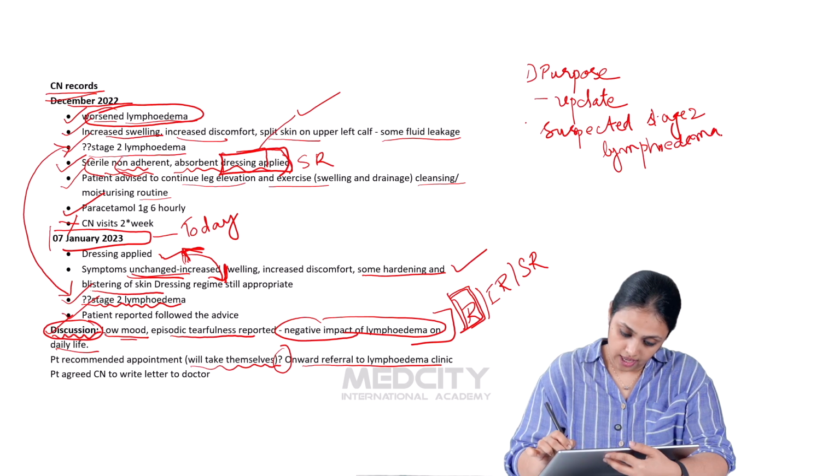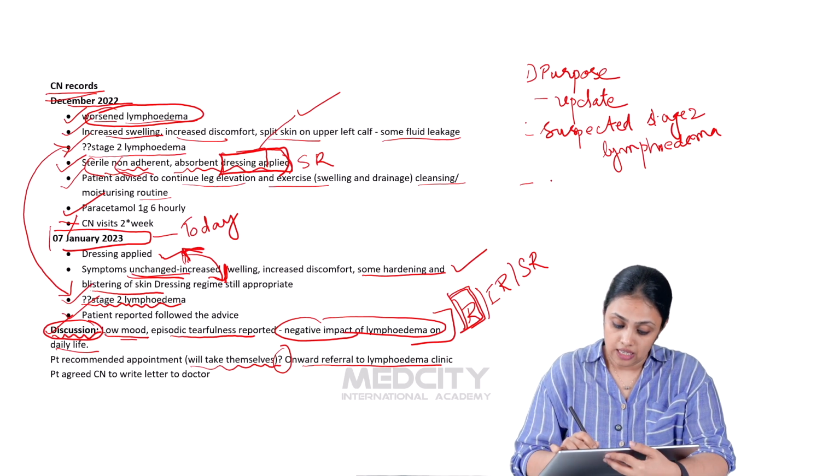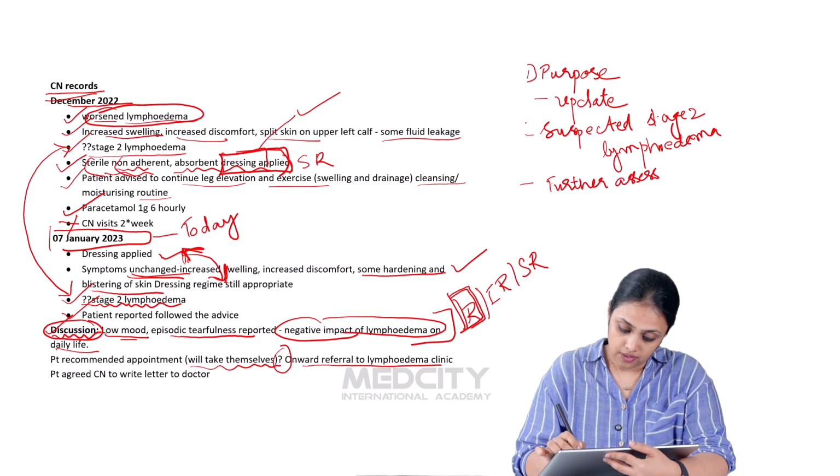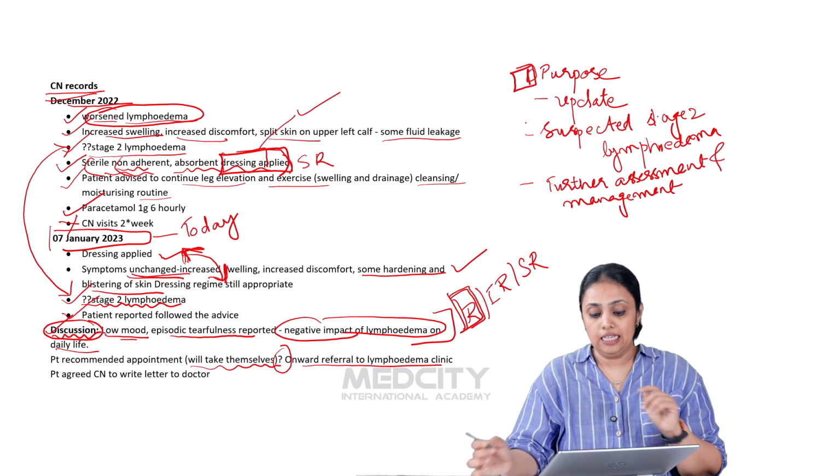And what the reader has to do for the patient is further assessment and management. So this is the first step of writing. We need to understand what is the reason for writing the letter.